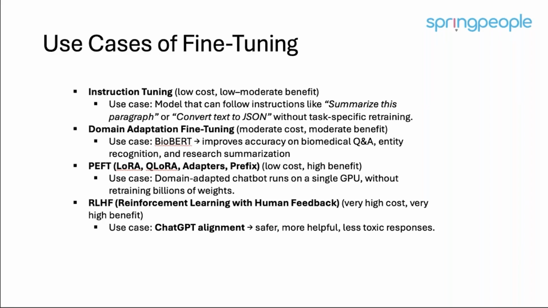Previously you saw that general domain adaptation is a moderate gain at moderate cost, so it was not giving you that efficiency, but going through this process gives you really high value outputs. And then, of course, reinforcement learning, where a very classic use case is how to make it safer, with less toxic responses, more helpful outputs, etc.